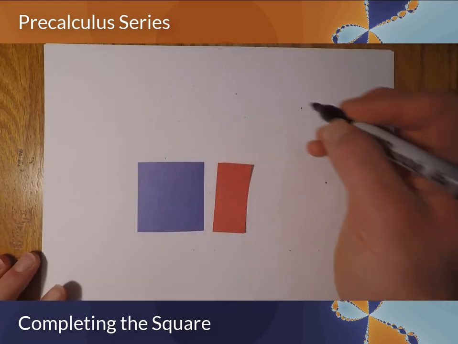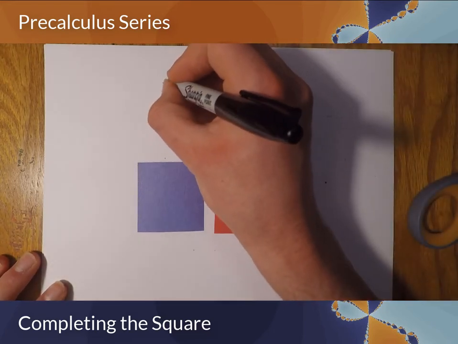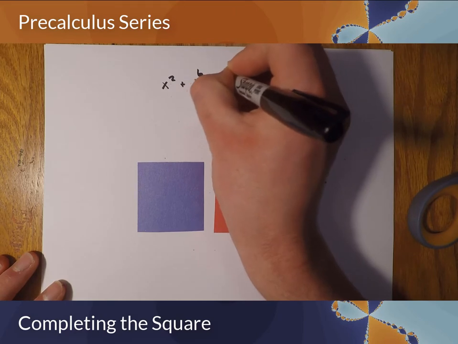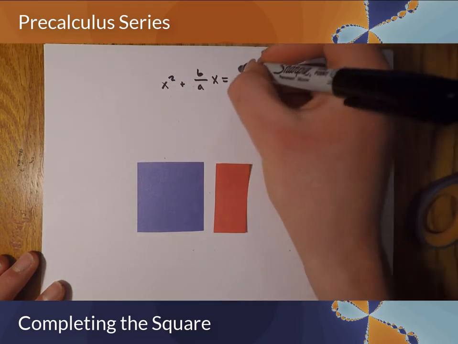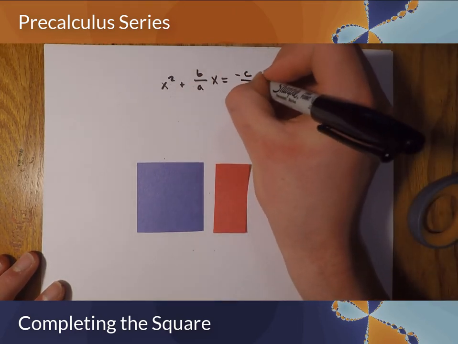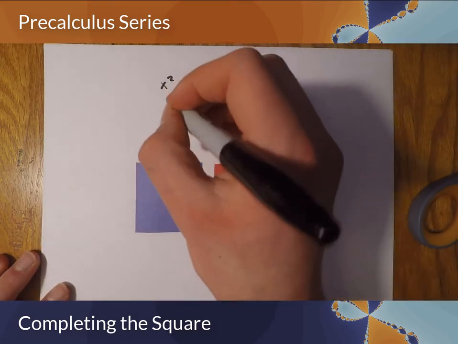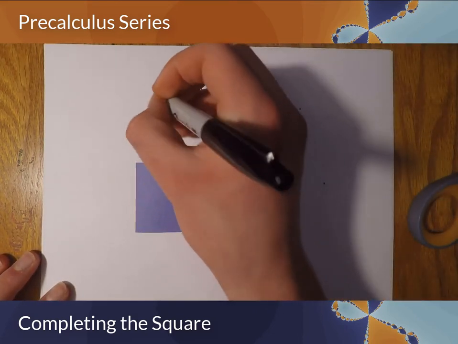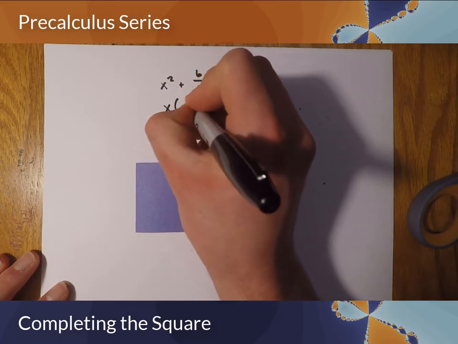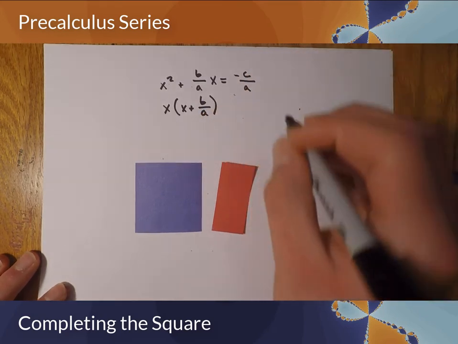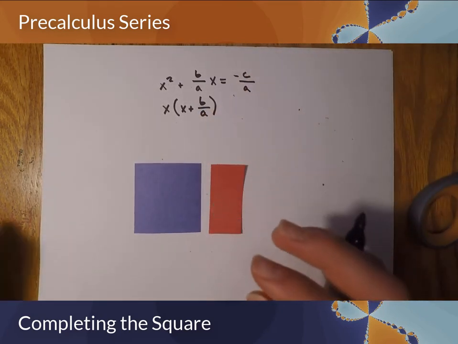Alright, so let's say we finally isolated x squared plus b over a x equals some random term like negative c over a. Now, we can factor this expression into x times x plus b over a, and we can express it in a geometric fashion.